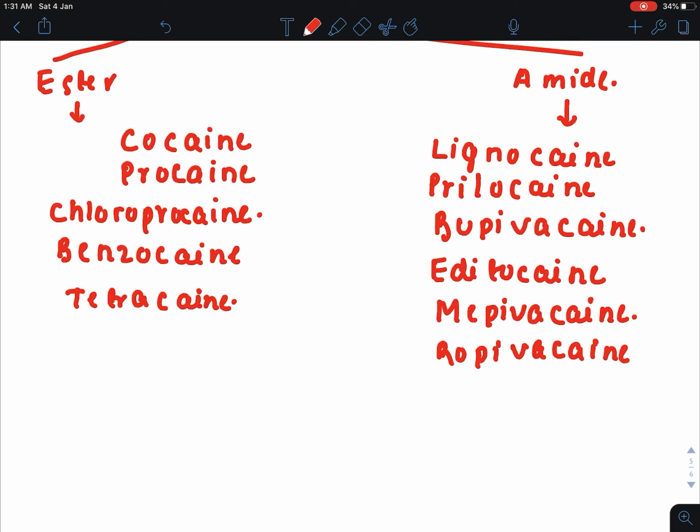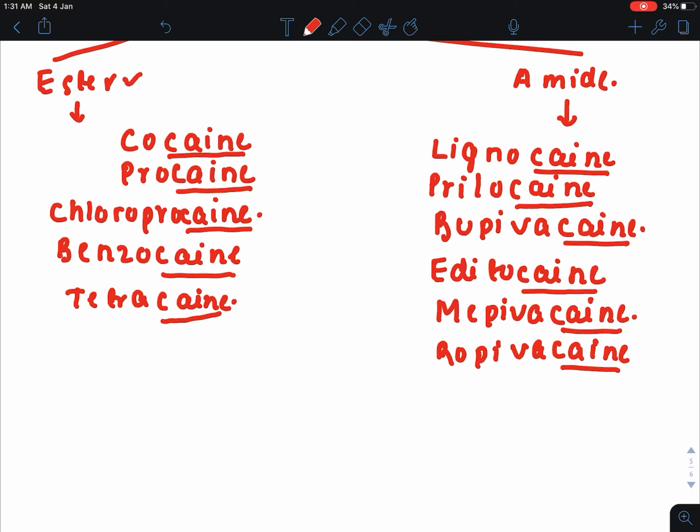You can see that in local anesthetic drugs, "caine" is present everywhere, either in ester or in amide. Everywhere "caine" is present. When you see this last "caine", you can say that they are local anesthetics. Now how to differentiate ester from amide?